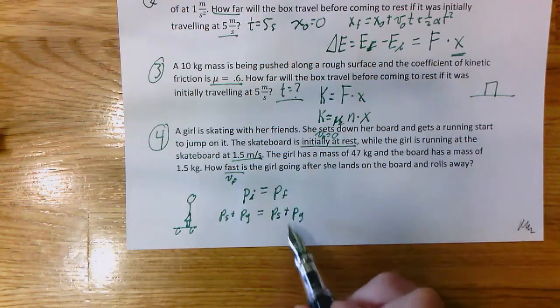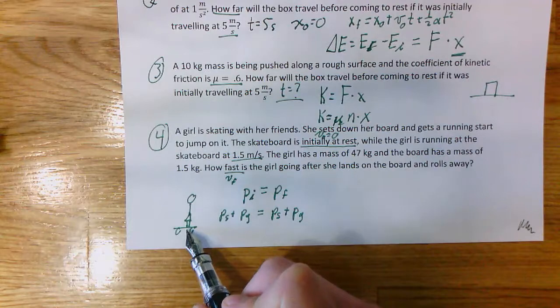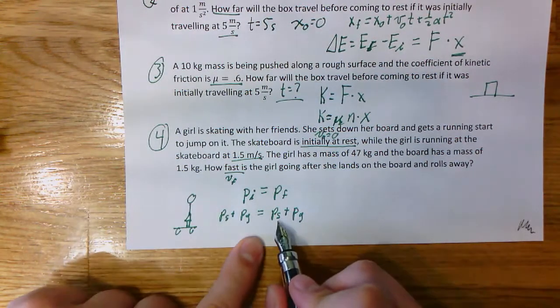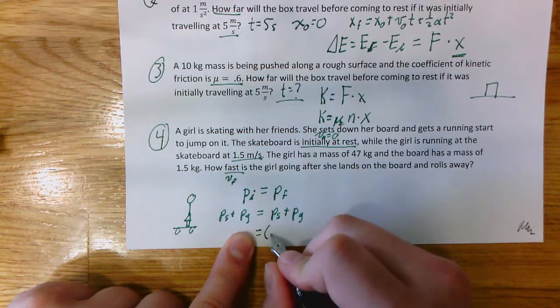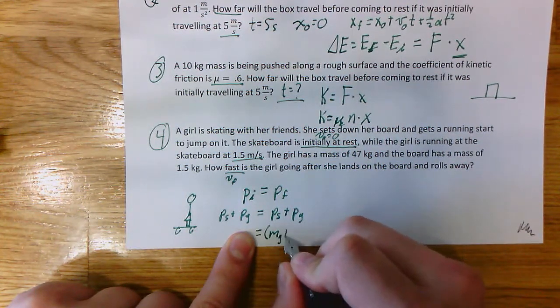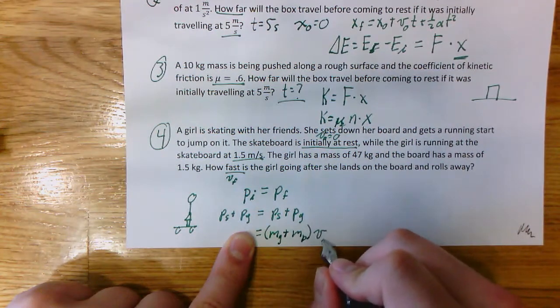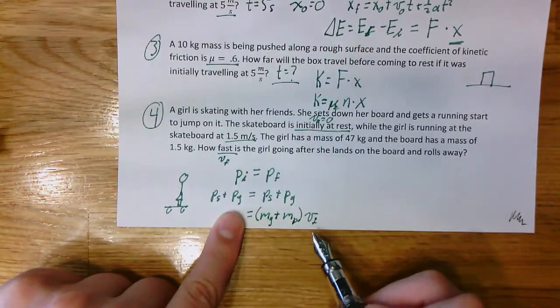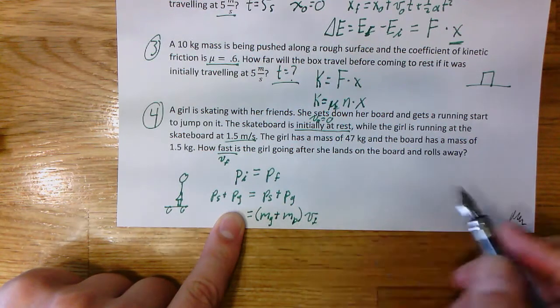Remember, these two are moving together. The girl is going to be on the skateboard. So when you say the final one here, you're going to want to stick their masses together. Mass of the girl plus the mass of the board, and just do times a single final velocity, because this final velocity is that thing's final velocity and that thing's final velocity.